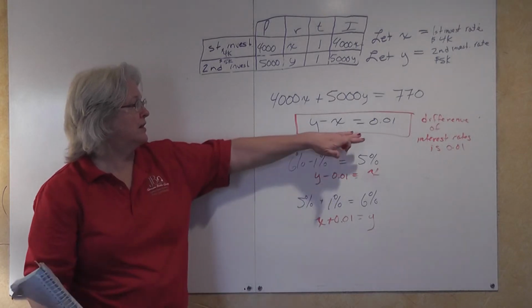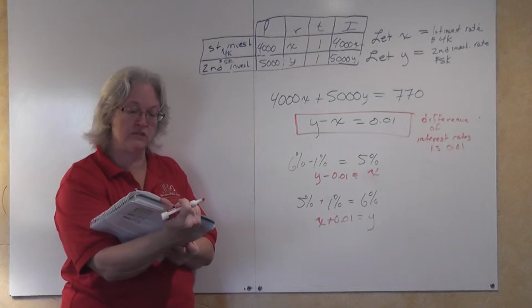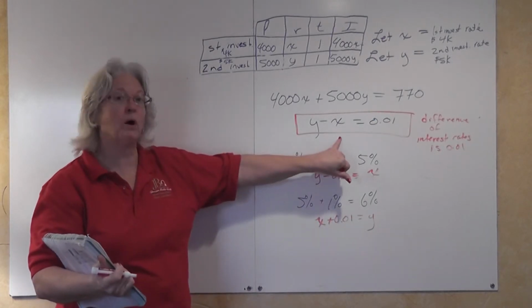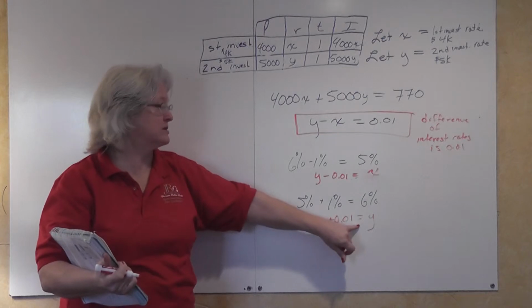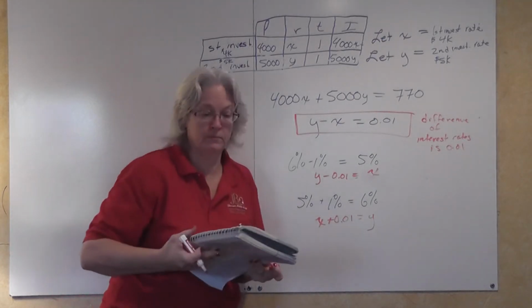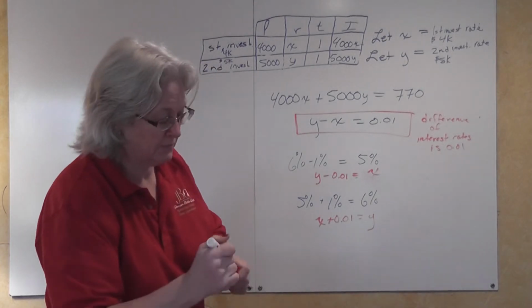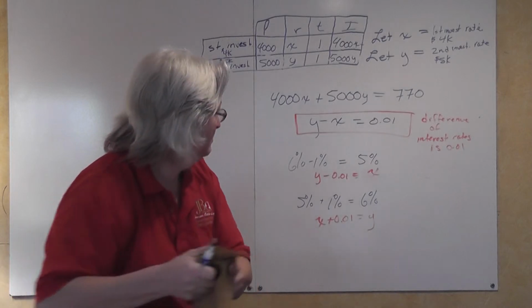Okay. And then, when they got to this point, they went ahead and solved for y. See what I have down here? I have already that y is equal to x plus 0.01. That's what they did. Let's go ahead and erase this and I'll show you.